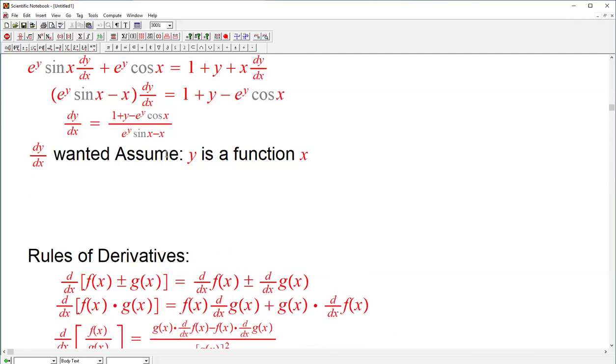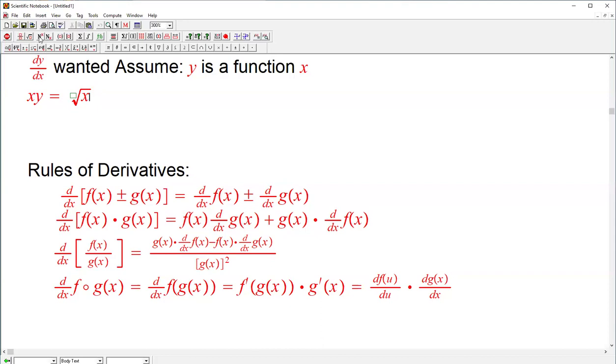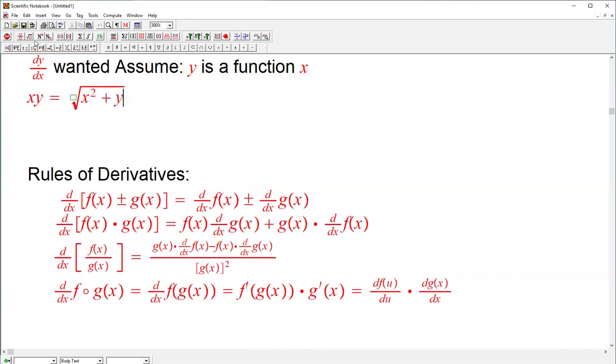dy dx is also wanted here in this question. And we have number 16, right? We have x times y on one side, and the other side is the square root of x squared plus y squared. Okay?